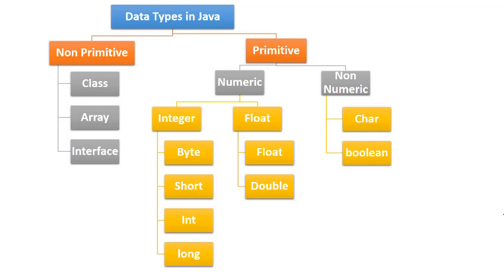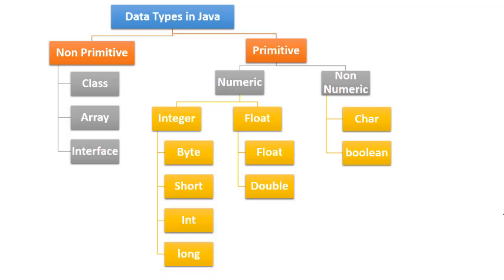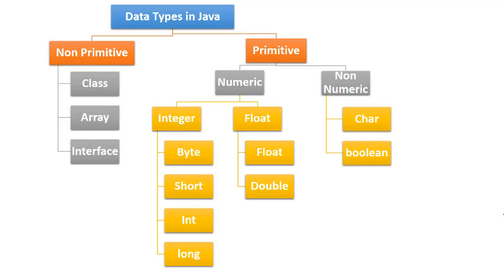Whenever we create an object of a class, we create it with the new keyword. Whenever we create an instance of an array, we create it with the new keyword, and similarly it is true for interface. Whereas in the case of the primitive data types, we do not initialize them with the new keyword. We rather use them right away.